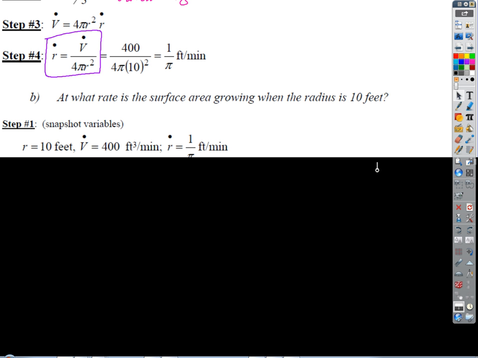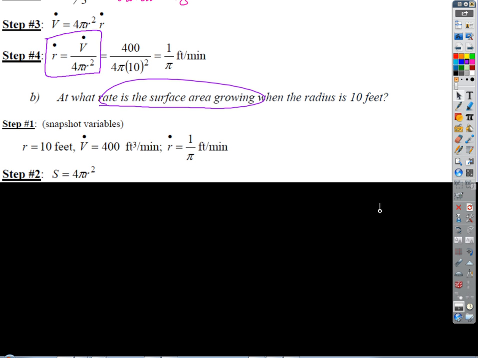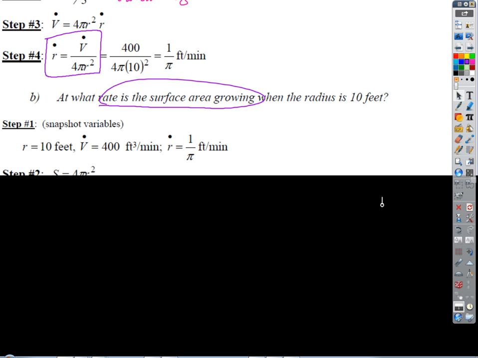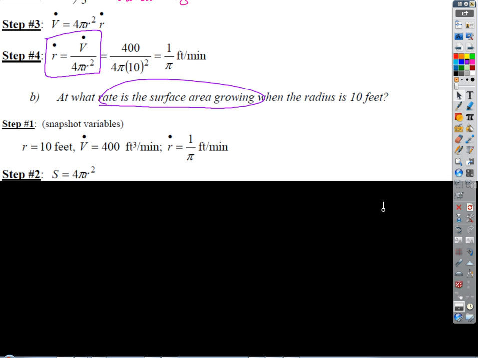But we're asking a different question. Now we're asking, at what rate is the surface area growing? So we're asking for s dot, right? Does that make sense? I guess I didn't include that, I should have. Whoops, you might want to add that to your notes.